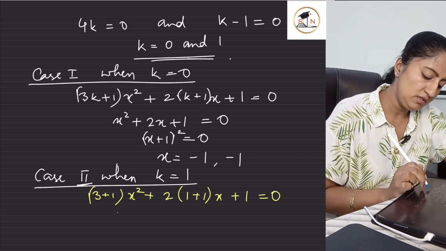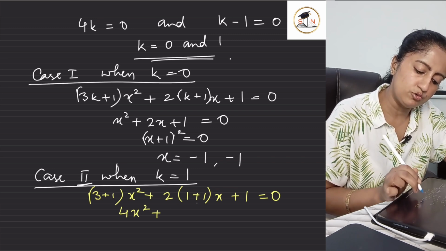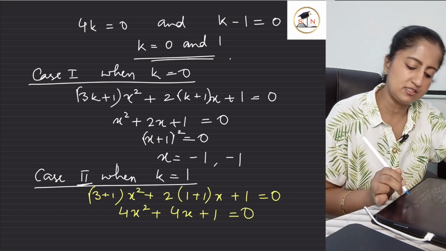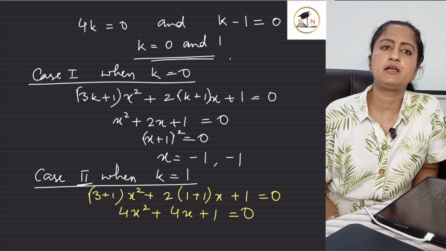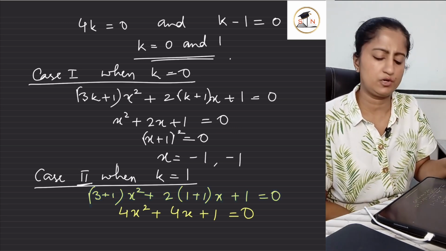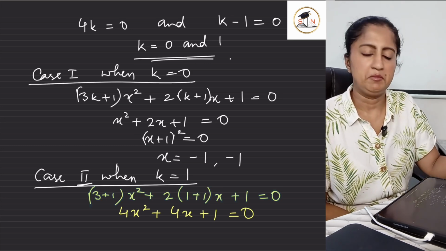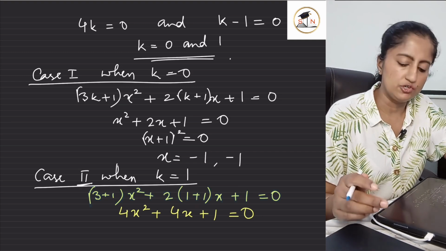What are we getting? 4x square plus 2 into 2, that is 4x, plus 1 equals 0. This is the quadratic equation we got: 4x square plus 4x plus 1 equals 0. It's a pretty easy equation. I suggest you can split it directly, but if you're fond of applying the quadratic formula, the choice is completely yours.